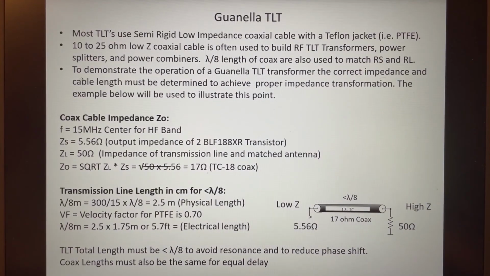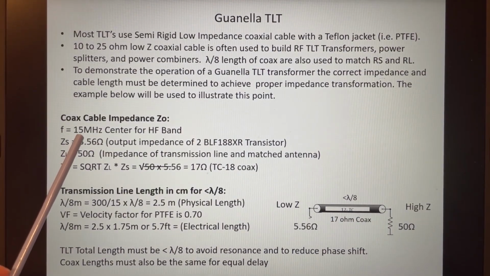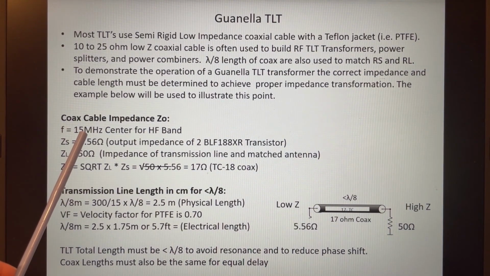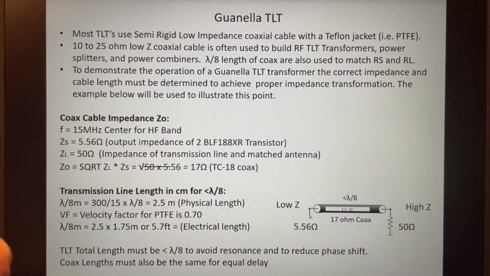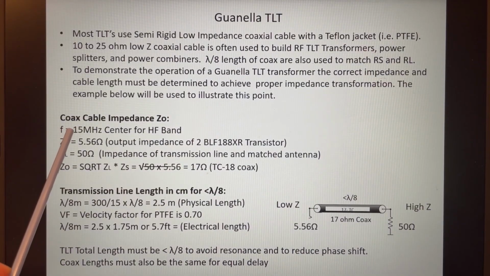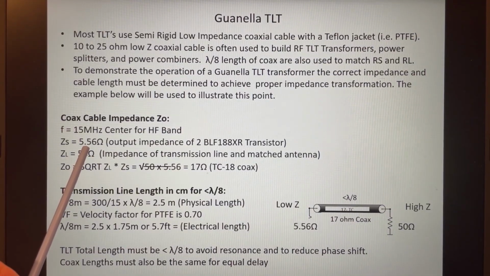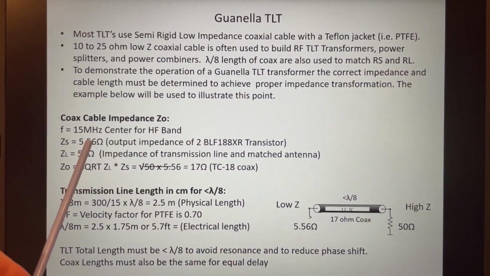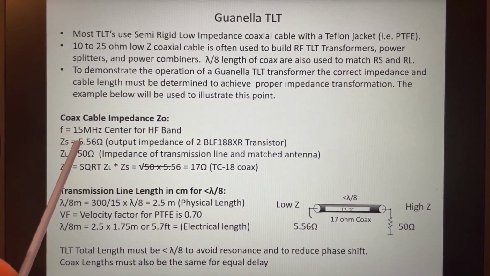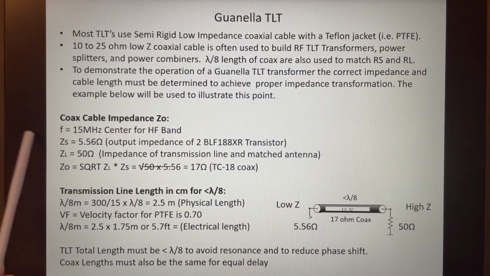And let's just take a look at an example here. I'm going to use the center frequency of the high frequency band, which is 15 megahertz. If we go from, let's just say, 1 to 30 megahertz, we'll use 15. It's not that critical. As I mentioned, the output impedance of the two BLF188 transistors is 5.56 ohms, and our transmission line is 50 ohms.